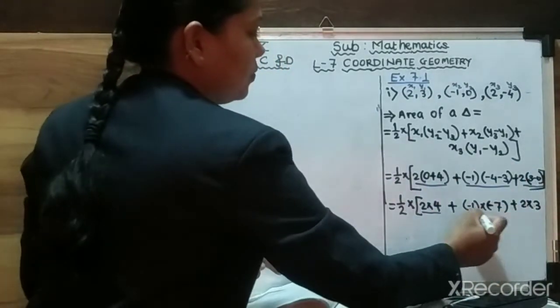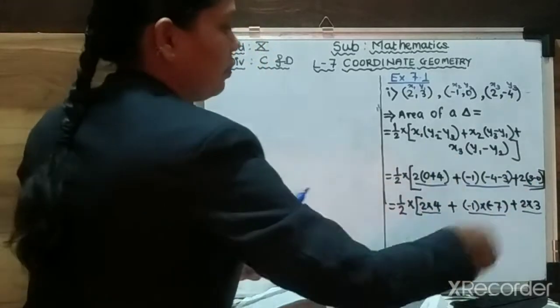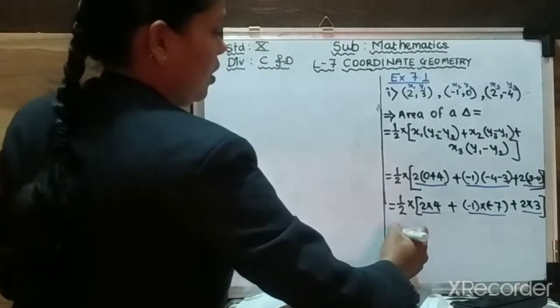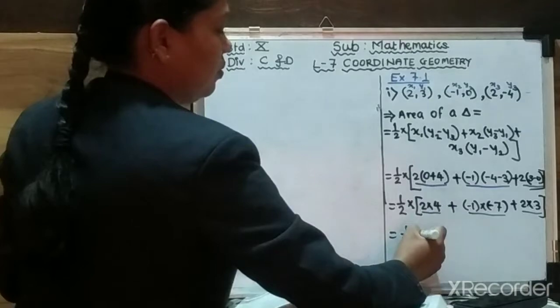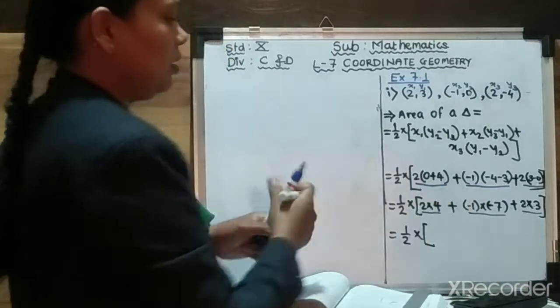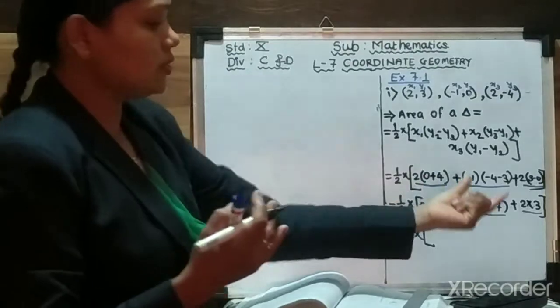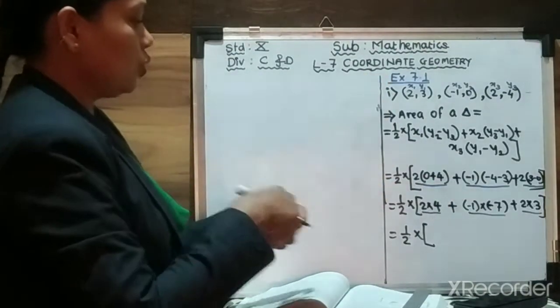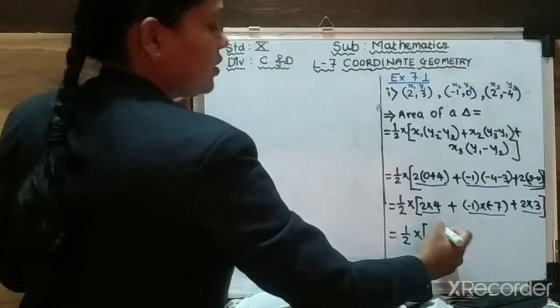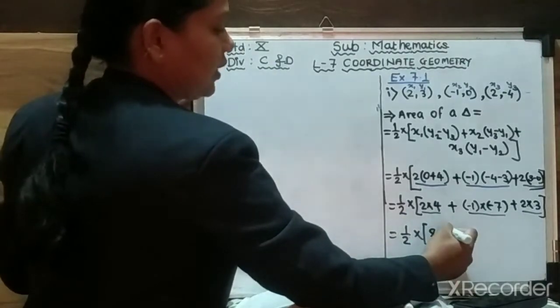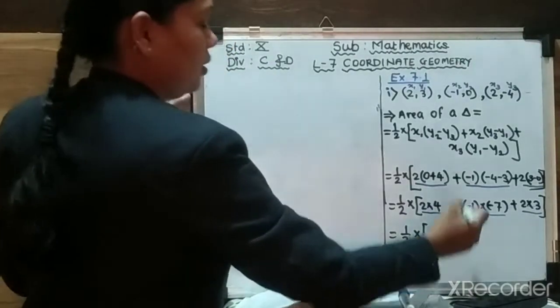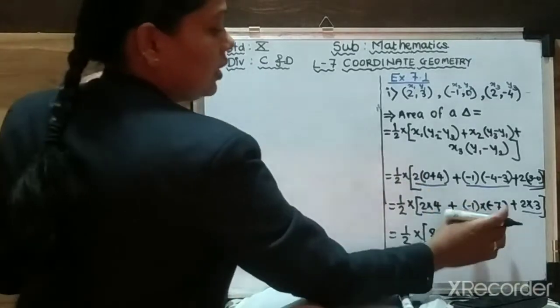Okay, bracket closed. Now 1 upon 2 multiplied by, and we are going to take the numbers outside the bracket. 2 4s are 8. First do the addition and subtraction and then go for the division.